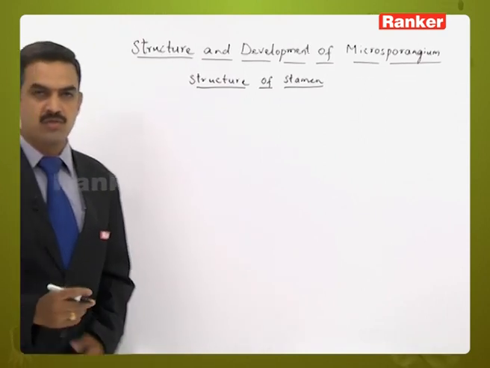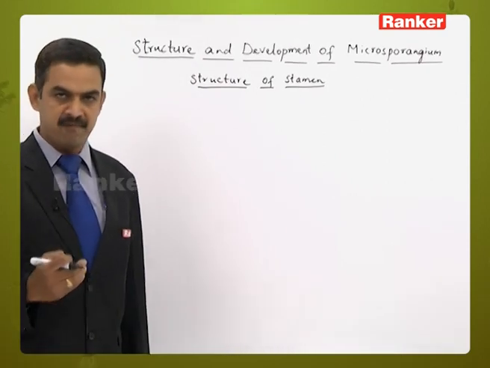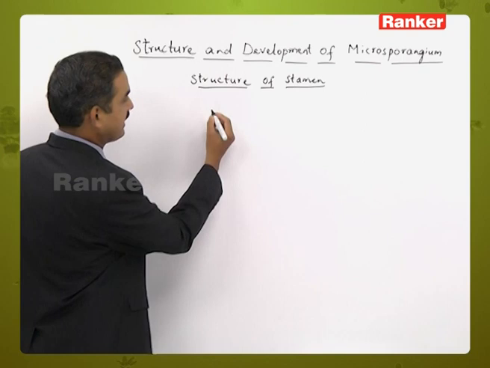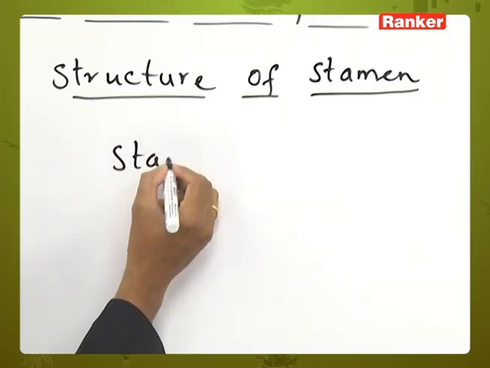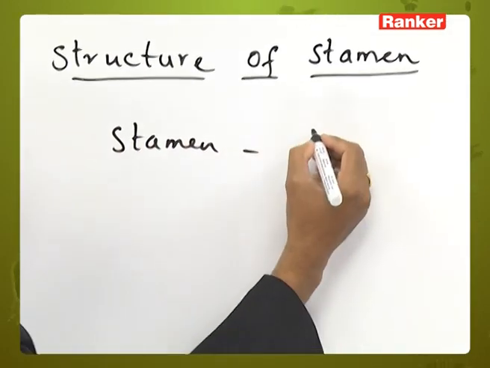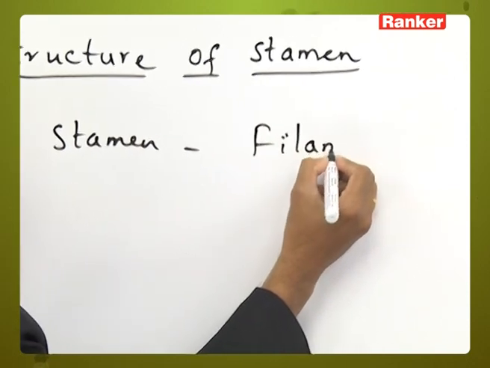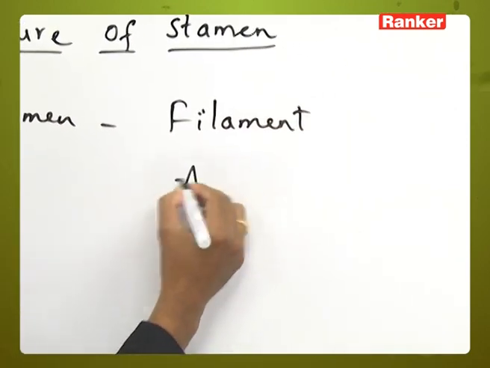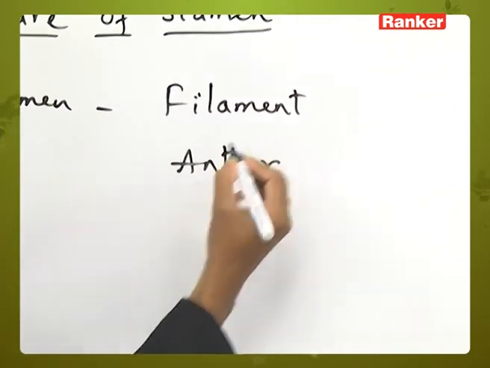Each stamen is a modified leaf which contains two parts: one is called a filament and the second part is called the anther.